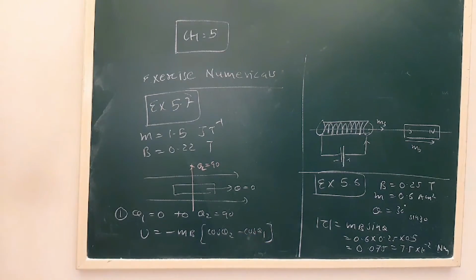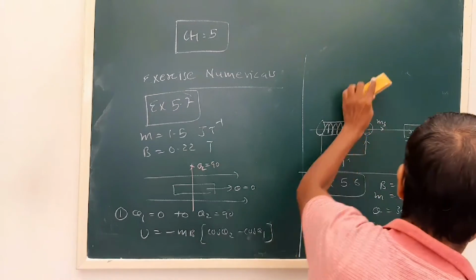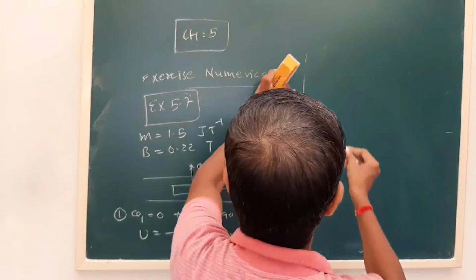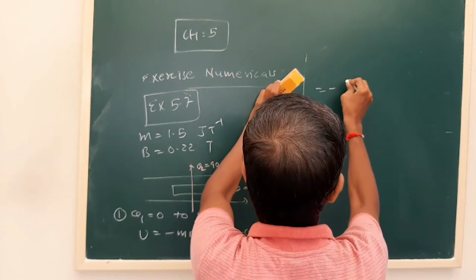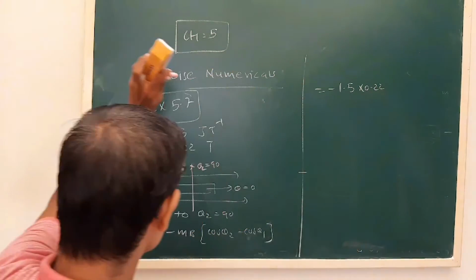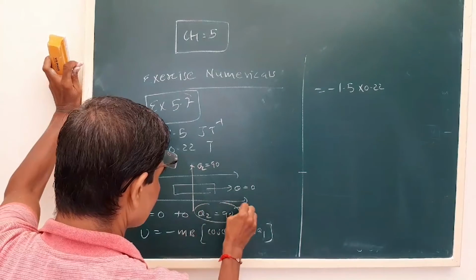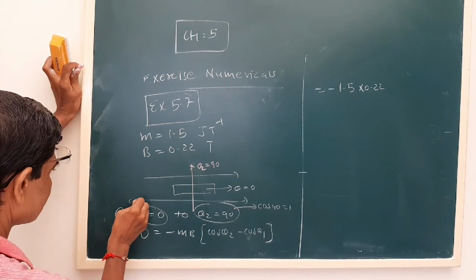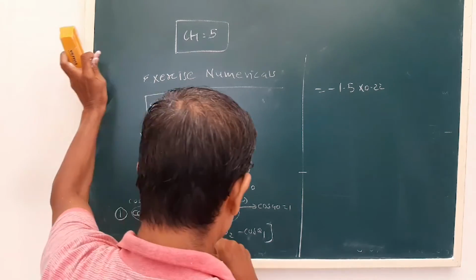Now we have to substitute the values. Minus, m is 1.5. Here cos 90 is 0 and cos 0 is 1.